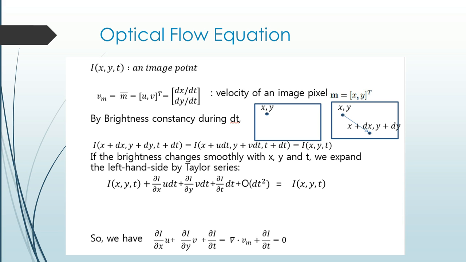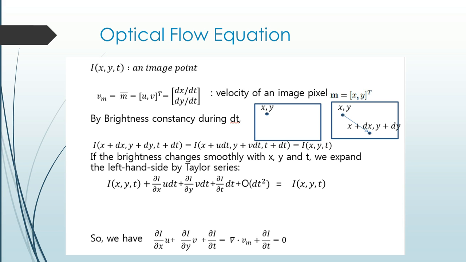The way we calculate is that initially we have an image with a particular point, for example x, y, and time t. The velocity vector is given by the derivative of the initial position over time.